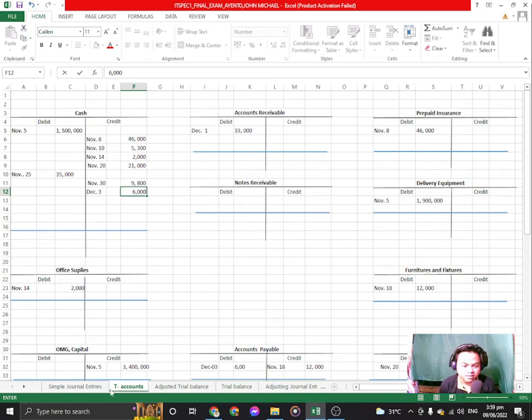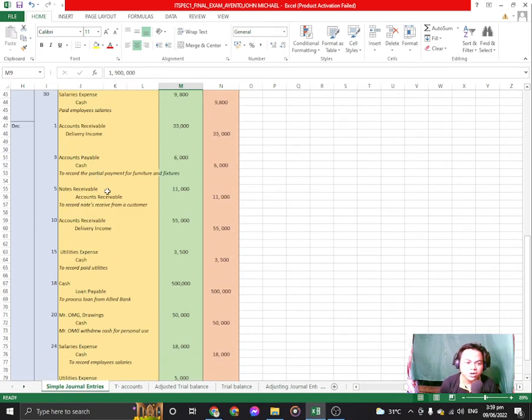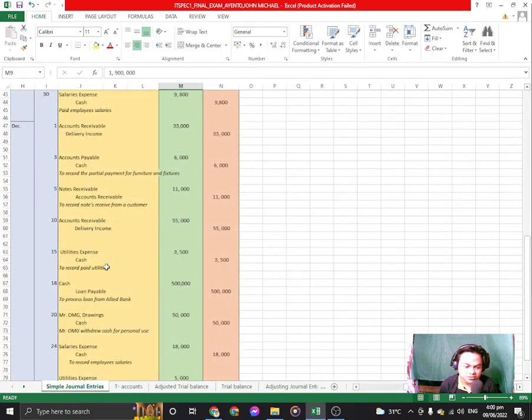Okay, down to December 5, notes receivable at 11,000 pesos in accounts receivable. December 5 is 11,000 pesos. Accounts receivable, 11,000 pesos. For the credit, notes payable muna.